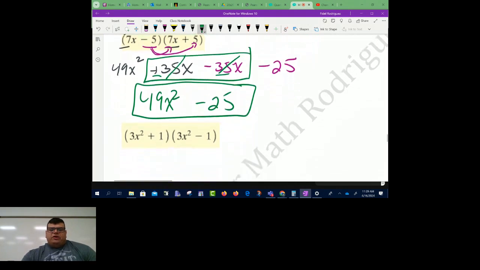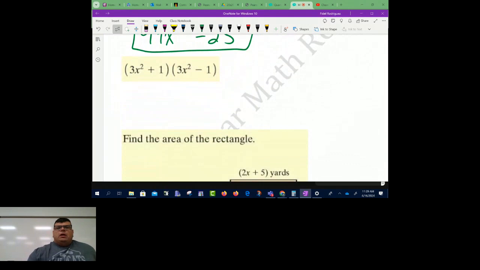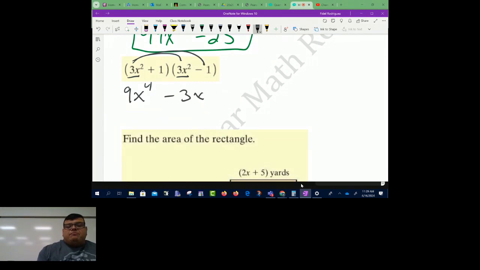Okay, so y'all, the next one that I got here, let's see. Let's try this one. So look, 3x squared times another 3x squared. That's 9x to the power 4. Remember, y'all, we're adding the exponents together. 3x squared times a minus 1 is just a minus 3x squared. So let's get rid of this guy.